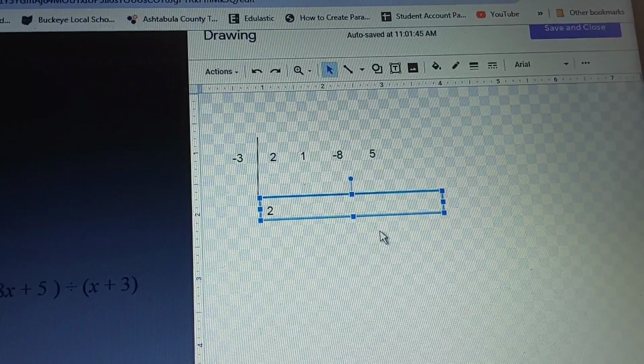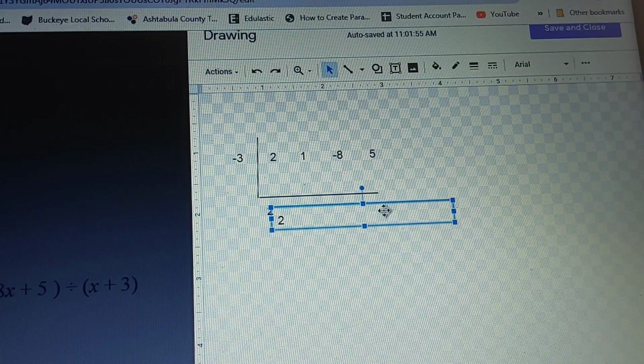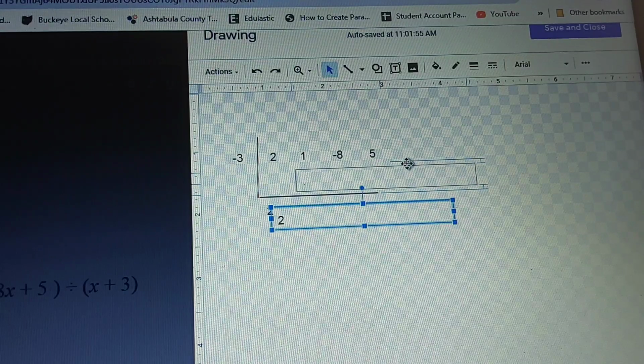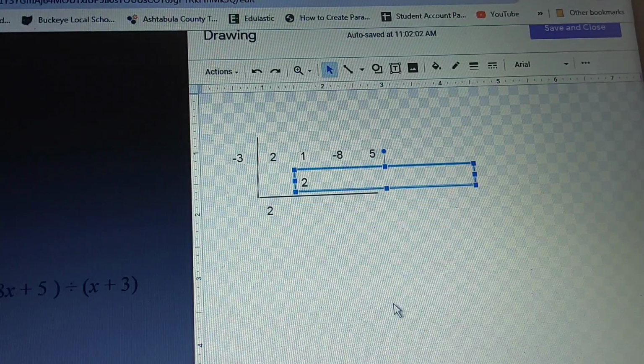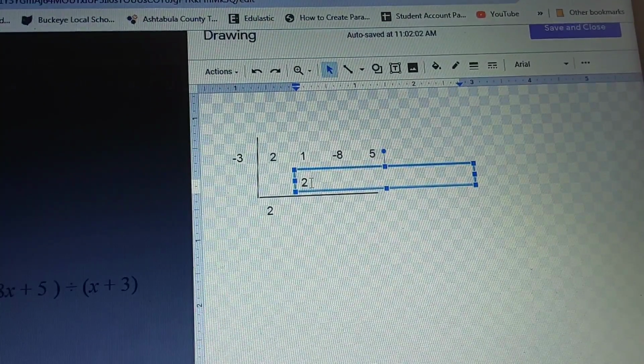Okay, now I'm going to highlight this, right click, copy, right click, paste. And I'm going to drag this identical box up here. Now I know the next number has to go underneath that 1, so I've dragged it over here. Okay.